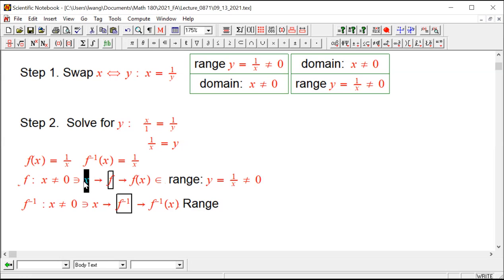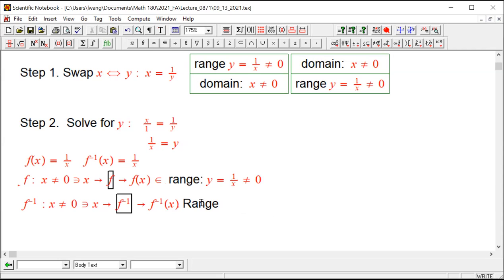This x is from the domain of f. This x is from the domain of f inverse. You follow me? It is a special situation in our case. The domain and range happen to be the same, and all of these 4 cases are the same. Are there cases that are not? Yes, we're going to get to those. Do you follow me?